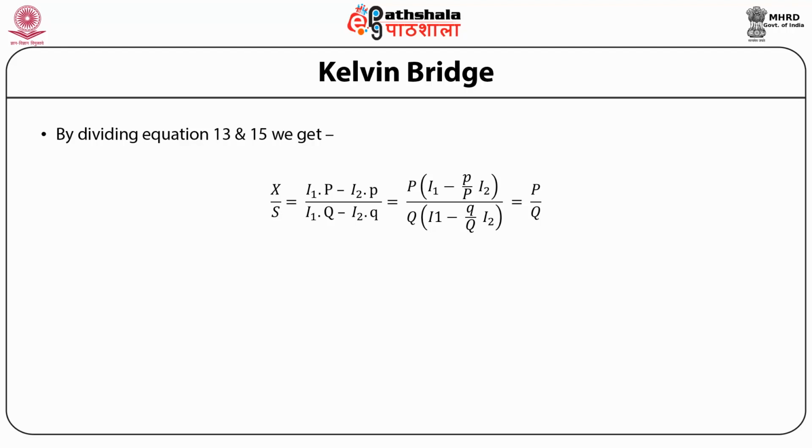This is then equal to P by Q. Since small p by P equals small q by Q, the value of the unknown resistance X is equal to S into brackets P by Q. This is equation 16.